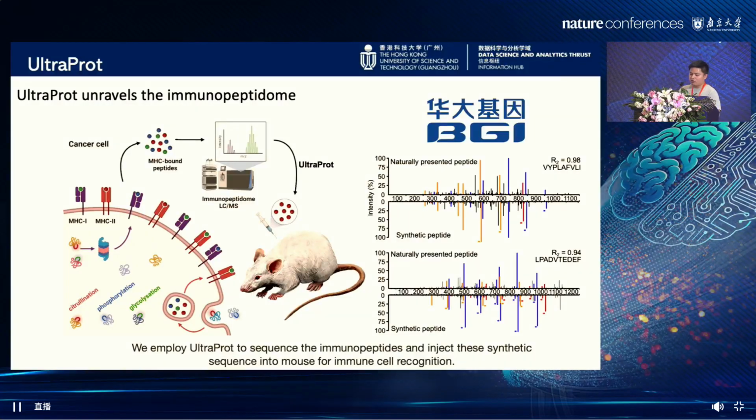So we employ the UltraProt model to sequence the immunopeptides, and then BGI synthesizes these peptides and injects them into the mouse body to observe whether they can activate the immune response of the mouse. Also, the mass spectra of the synthetic peptides are very similar to those of the naturally presented peptide sequences, which verifies that our UltraProt model can boost biological discovery in proteomics.